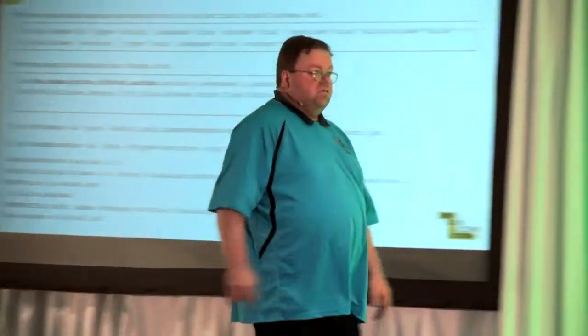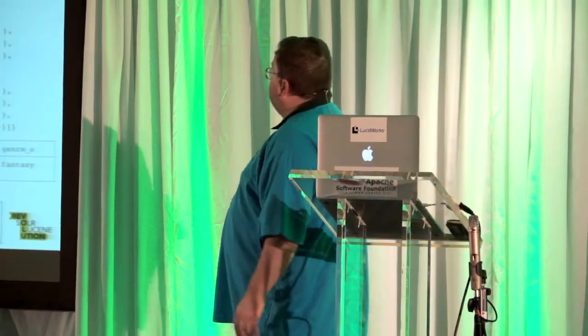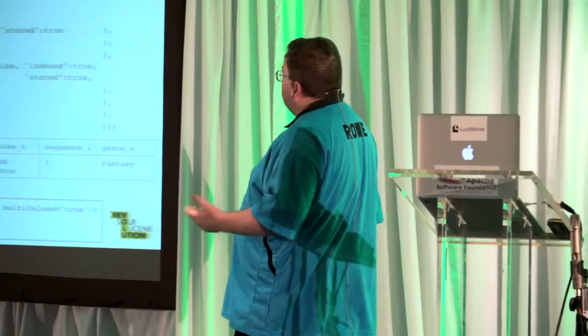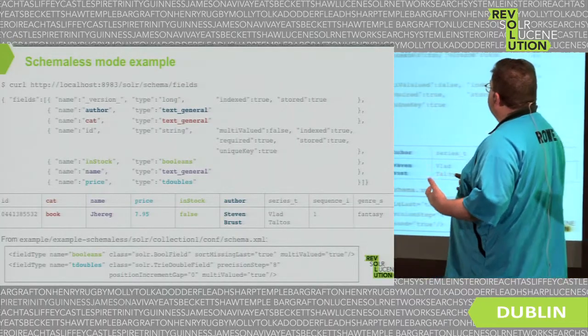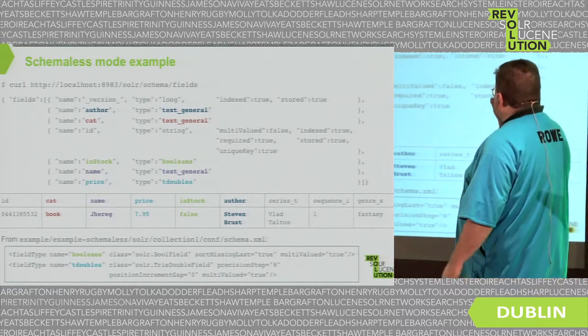That will index all of those and run through the process of figuring out which fields aren't already in the schema, detecting their types, and then adding those fields to the schema.